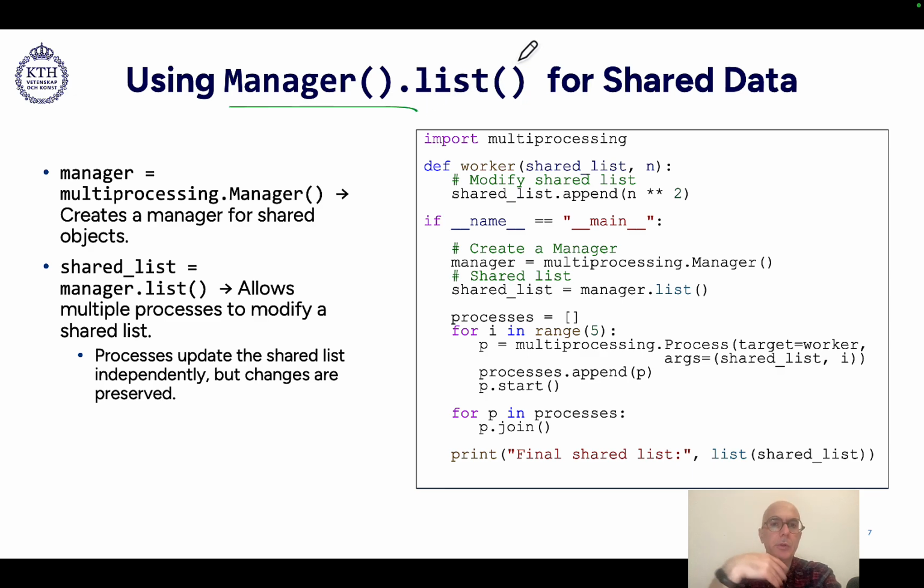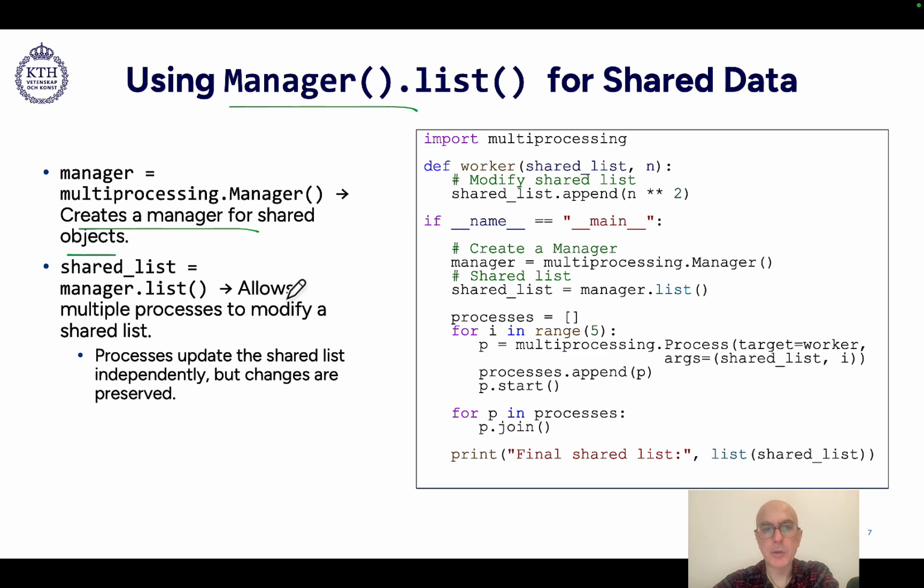So whenever we want to share data between different processes, we create a shared variable, and we need to do two things. First, we create a multiprocessing Manager object that creates a manager for the shared object, and then we declare this shared list as shared_list = manager.list.